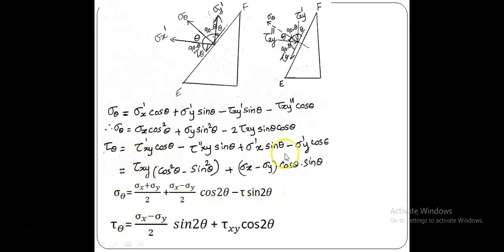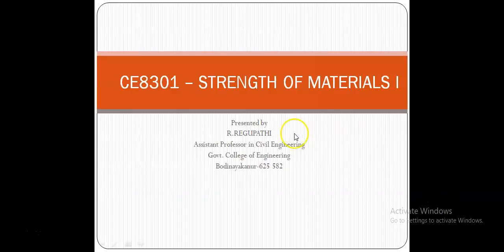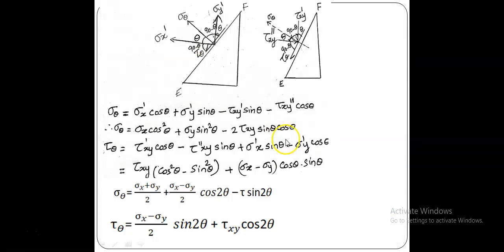For this tau theta formula, when we apply some trigonometric formula tricks, it becomes tau theta is equal to sigma x minus sigma y by 2 sin 2 theta plus tau xy cos 2 theta. Yes, this is the final formula that we found for this plane.